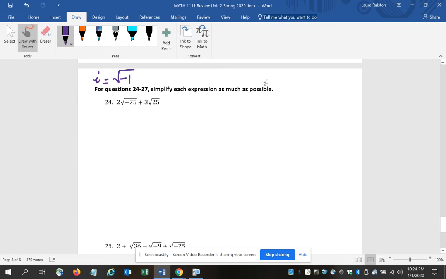So, when you're dealing with radicals, there's a couple of conditions. You can have no negative under the radical. We solve that problem by using this definition of i. You have no perfect root. We're dealing primarily with squares, so you can't have a perfect square under the radical.